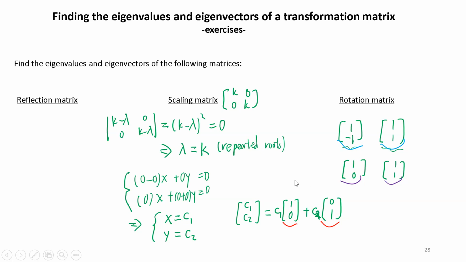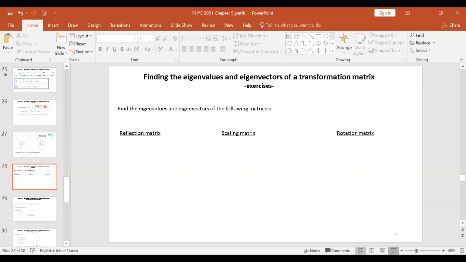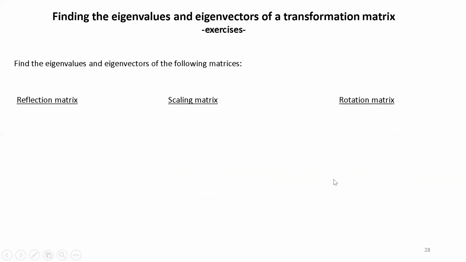So finally, let me also talk about the rotation matrix. The rotation matrix is the case that I just told you does not have eigenvectors. Geometrically, you understand why, but mathematically, what happened?